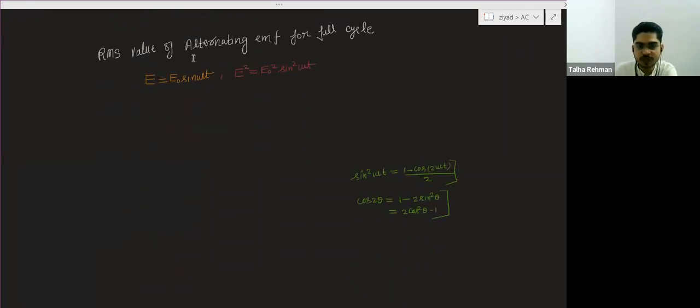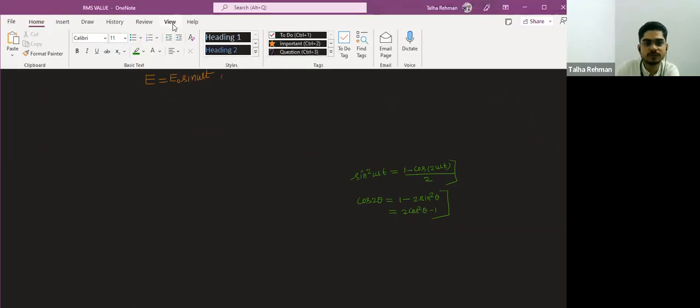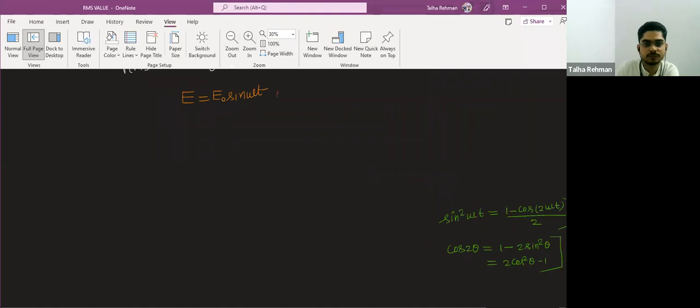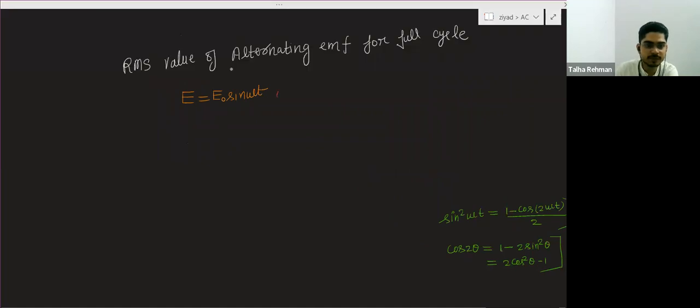Now the root mean square value we want to find for this. I want to find E RMS. So first we will do the E square, then I will take the mean, then I will take the under root.